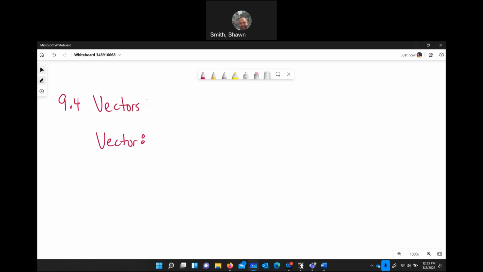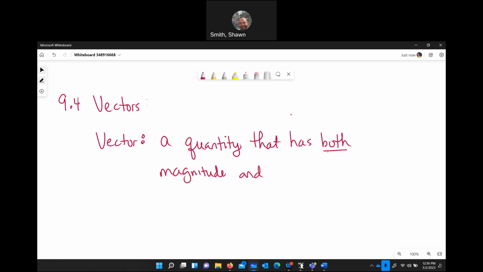So a quantity that has both magnitude and direction. All right, so it's customary to represent it as an arrow, okay?